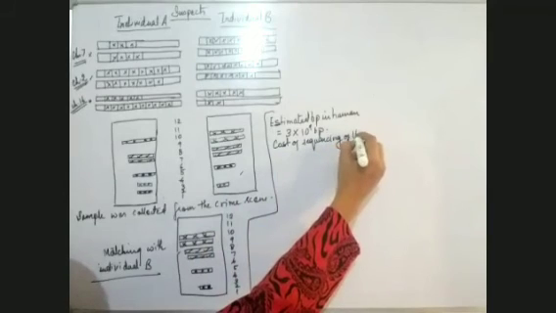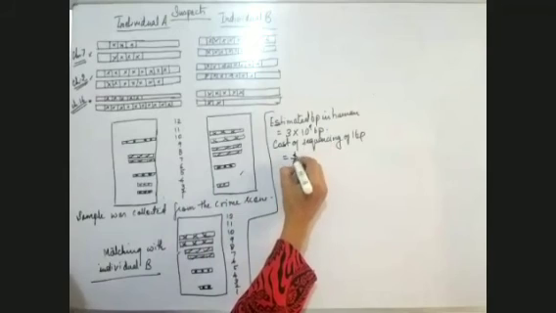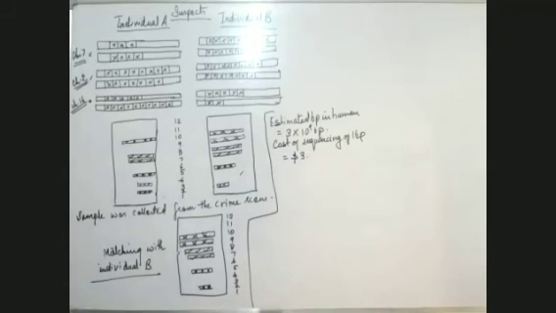Sequencing of one base pair costs about $3. So estimated base pairs were 3 into 10 raised to power 9, and the cost of sequencing one base pair was $3.